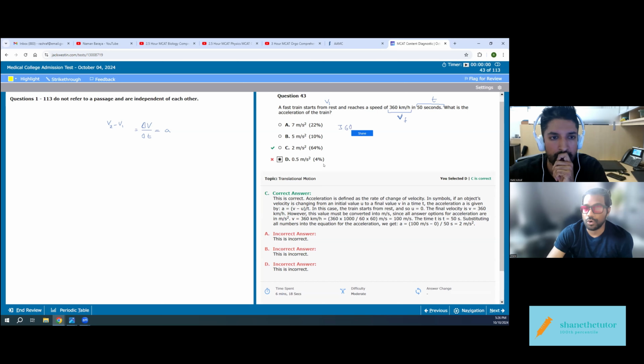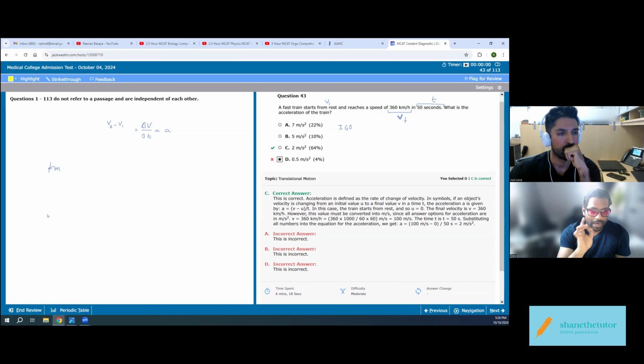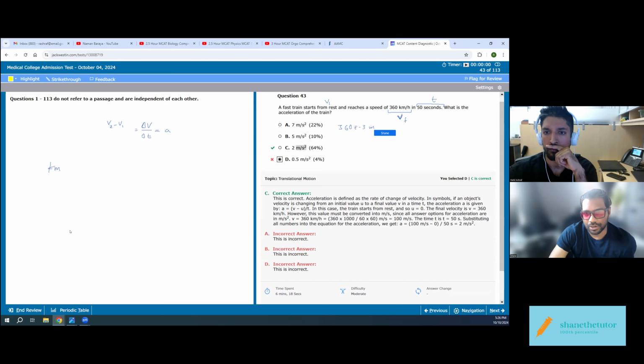So that's basically going to be 360. We're going to do some dimensional analysis here. What I like to do is, if I'm given kilometers, I'm going to already tack on the times 10 to the negative 3 so I can turn it into just meters. So this is times 10 to the negative 3 meters per hour.